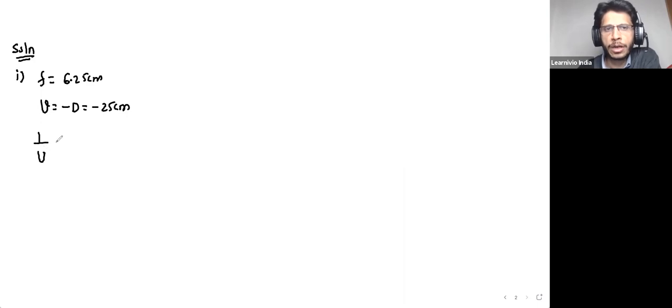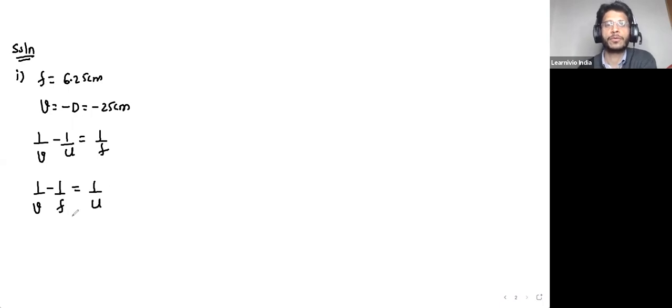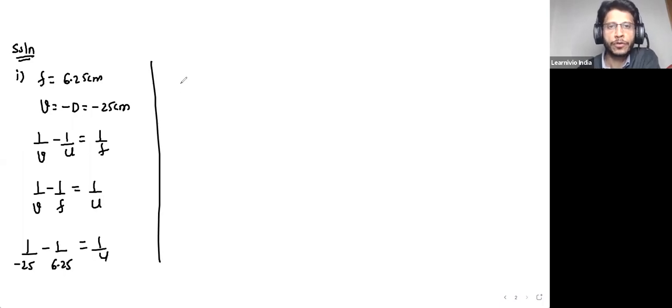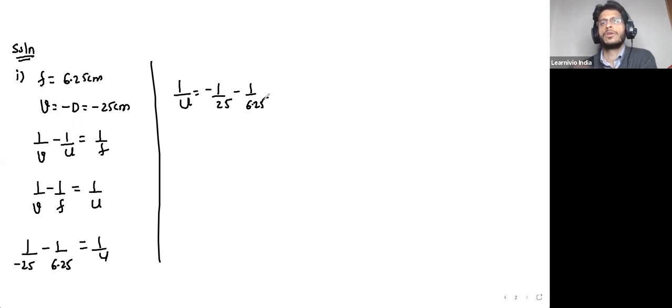Next, you can use this lens formula. 1 by v minus 1 by u is 1 by f. You can write 1 by v minus 1 by f is 1 by u. So 1 by v is minus 25, 1 by f is minus 6.25, equal to 1 by u now. So 1 by u is minus 1 by 25 minus 1 by 6.25.